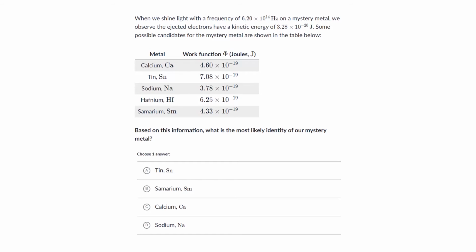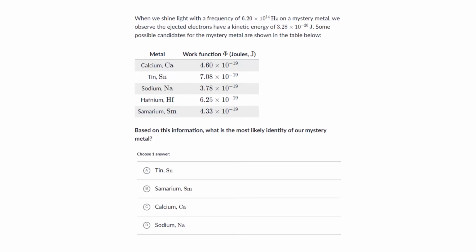When we shine light with a frequency of 6.0 times 10 to the power of 14 Hz on a mystery metal, we observe the ejected electrons have a kinetic energy of 3.23 times 10 to the power of negative 20 joule. Some possible candidates of this mystery metal are shown. Here in the table, we have metals and work functions. For calcium, we have 4.60 times 10 to the power of negative 19.